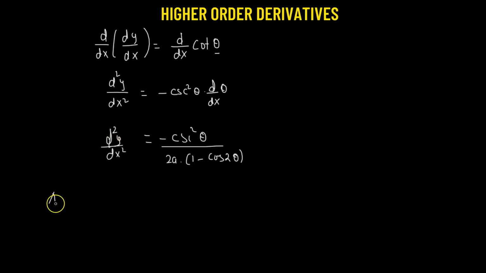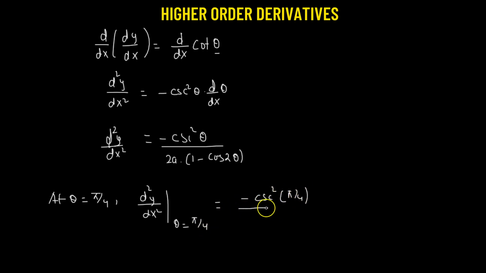Fine. So now we have the second derivative of y with respect to x. All we have to do is find the value at theta equals pi over 4. So the second derivative calculated at theta equals pi over 4 will be equal to negative cosec squared pi over 4 divided by 2 times a multiplied by 1 minus cosine of 2 times pi over 4, which is pi over 2.